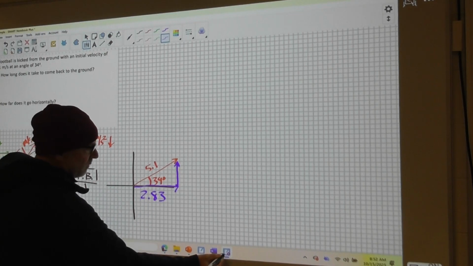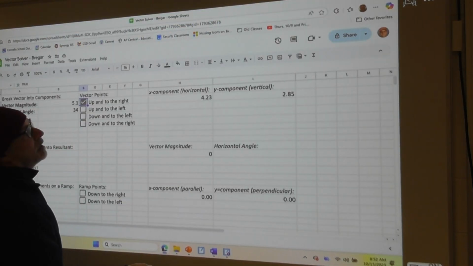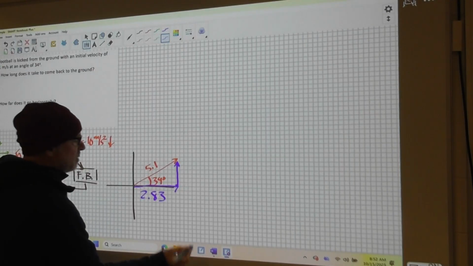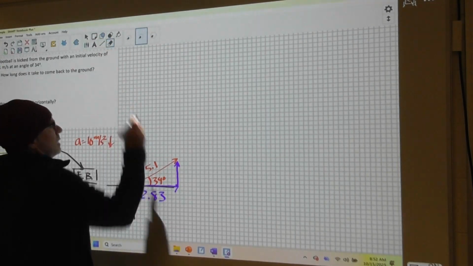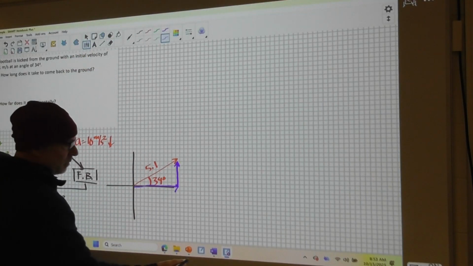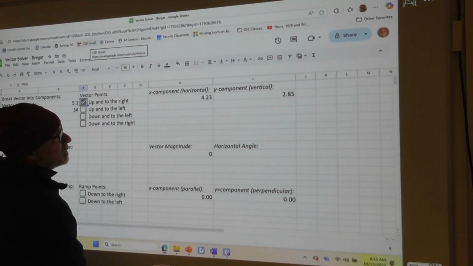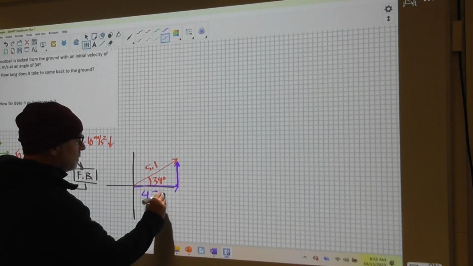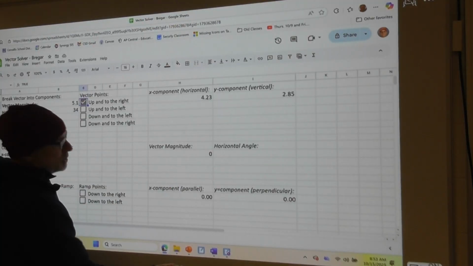Okay, hold tight. I mixed those up. This is what happens when your brain stops working. Let's do this one at a time because otherwise I won't remember. Our X component is 4.23. Our Y component is 2.85.